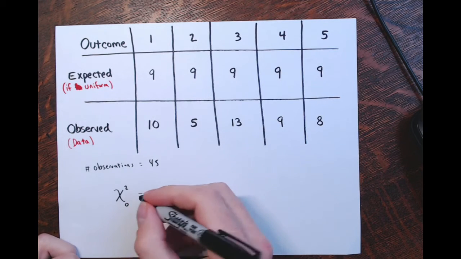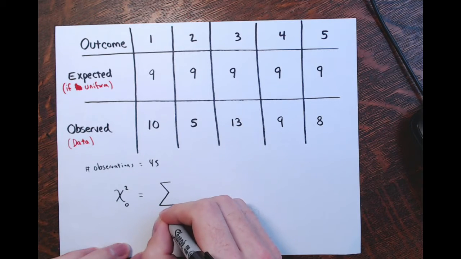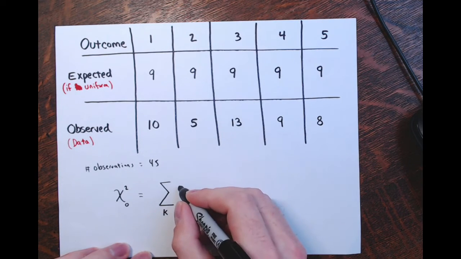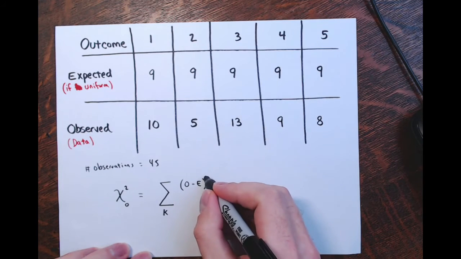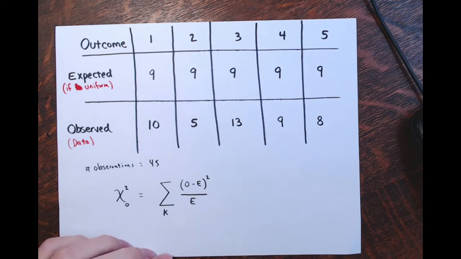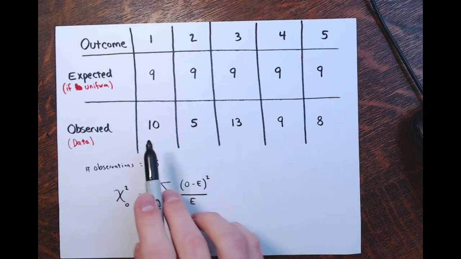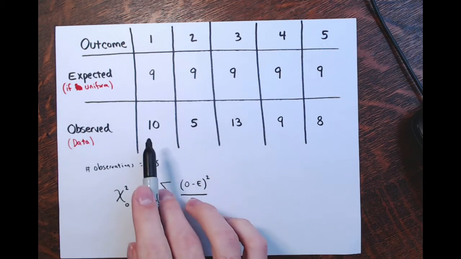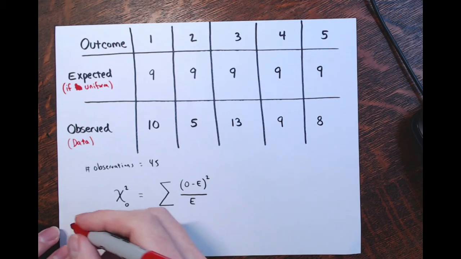They wrote down a formula for you in the problem. It's the sum over k of the observed values minus their corresponding expected values, squared, divided by the expected values. The k here just tells you how many terms are going to be in the sum, basically how many categories there are, because you're going to have one term for every observed value and its corresponding expected value.